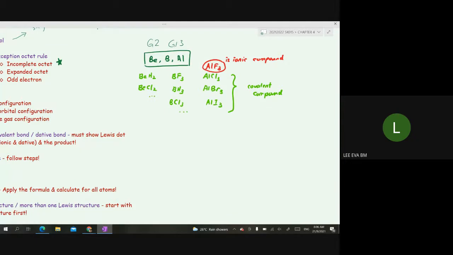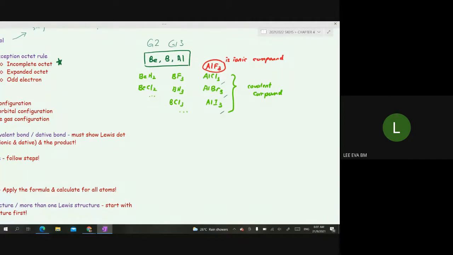But for aluminium, please be aware what element it is matched with. Aluminium trichloride AlCl3, AlBr3, AlI3 are all covalent compounds, and they are all incomplete octet, unless you see aluminium trifluoride.